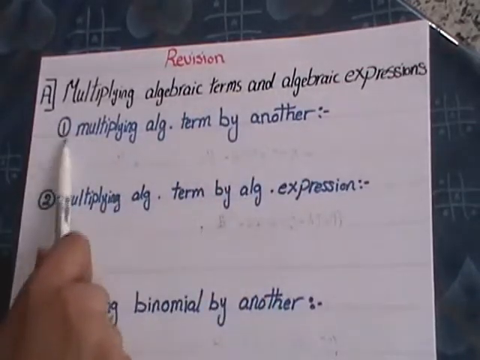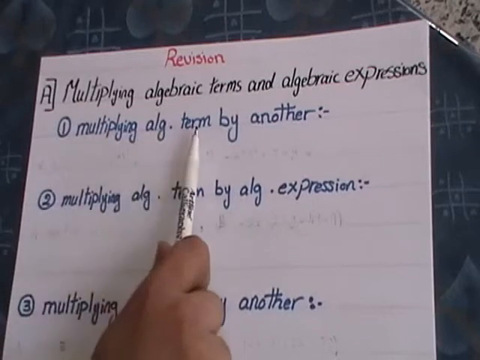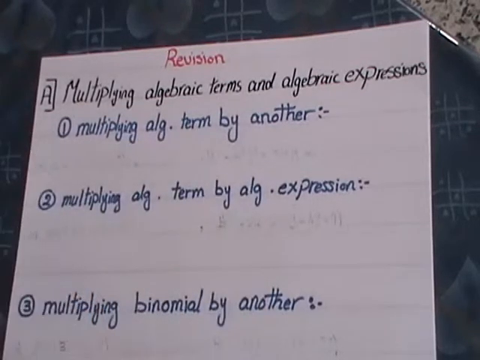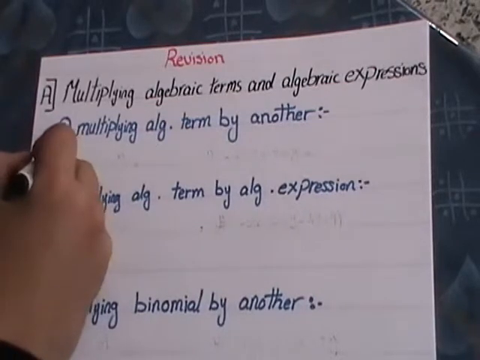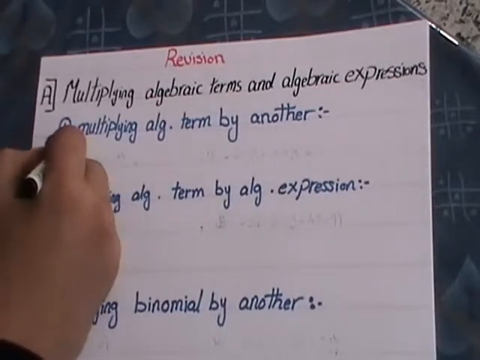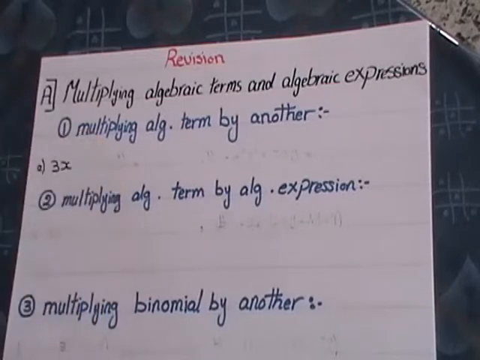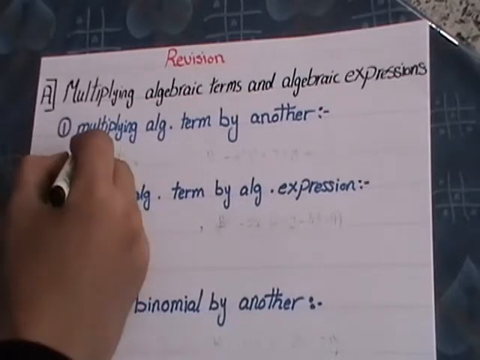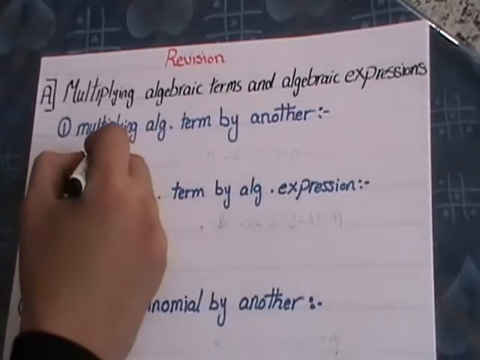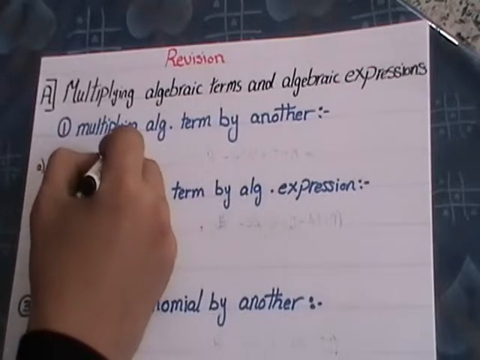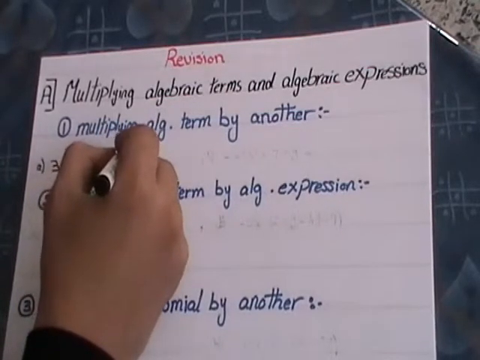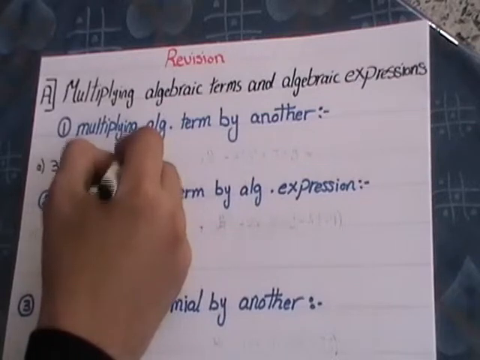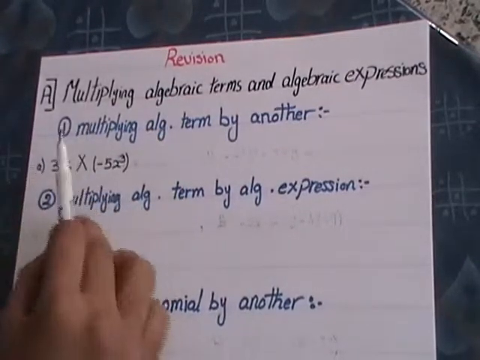We start with multiplying an algebraic term by another term. If we have an algebraic term like 3x and we want to multiply it by another term which is negative 5x power 3, we start with the coefficients.